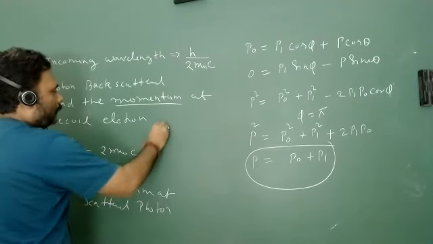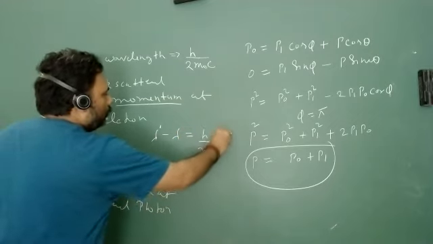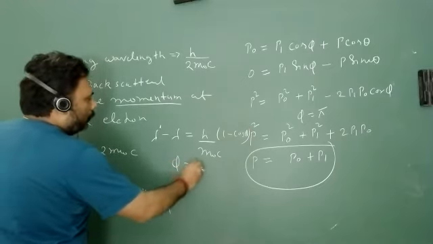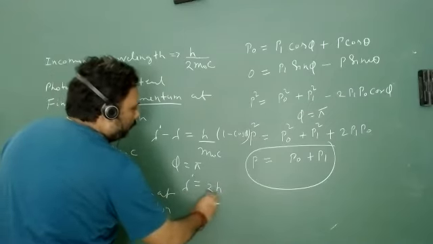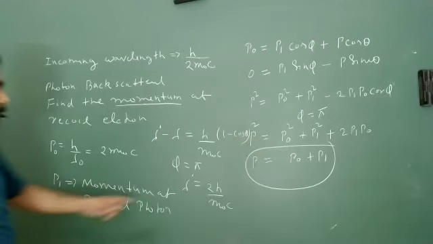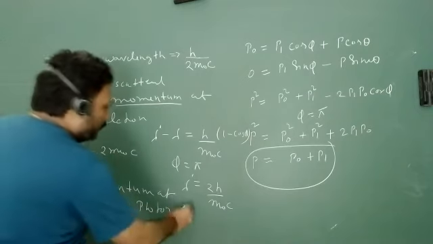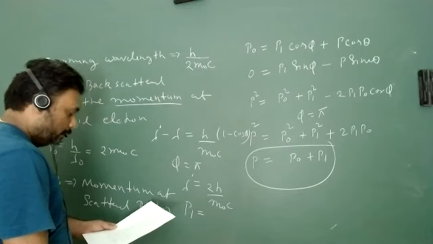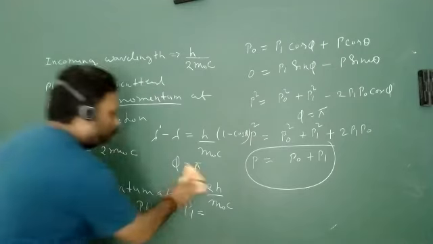We have lambda dash minus lambda equal to h upon m naught c times (1 minus cos phi), and phi is equal to pi, so lambda dash is equal to 2h upon m naught c. So we can get this value of lambda, that will be 2h upon m naught c, and then we can find P1 which is associated with lambda. Sorry, this is delta lambda, so we have to find the lambda.